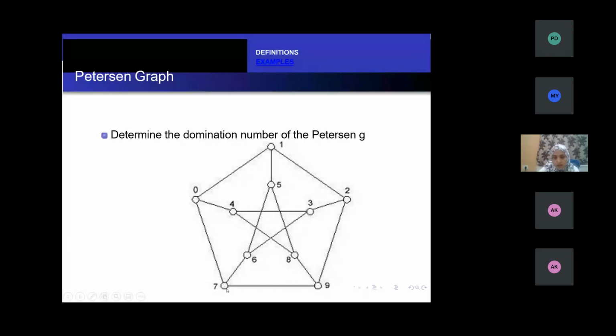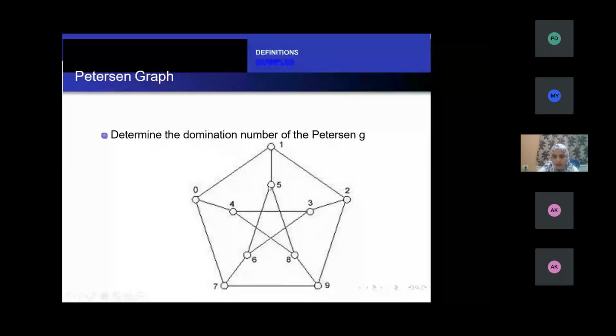If we consider 7 in the dominating set, it will cover 6 as well as 0 and also 9. So we have to select the minimum number of vertices which covers the whole graph. So in this graph, we can take 5, 3 and 7 as the dominating set.